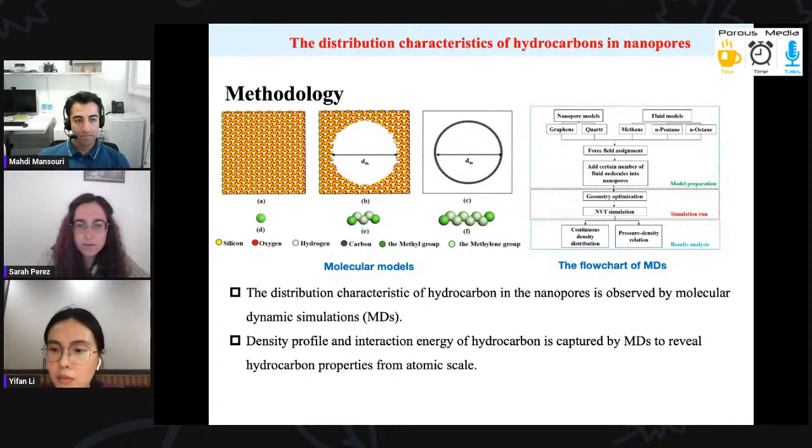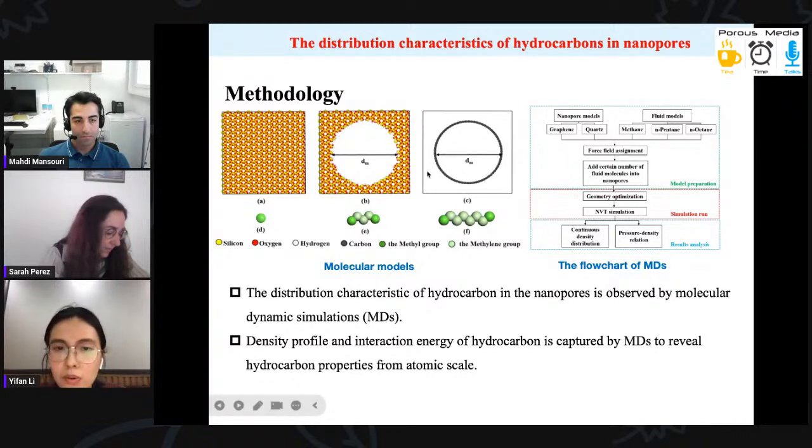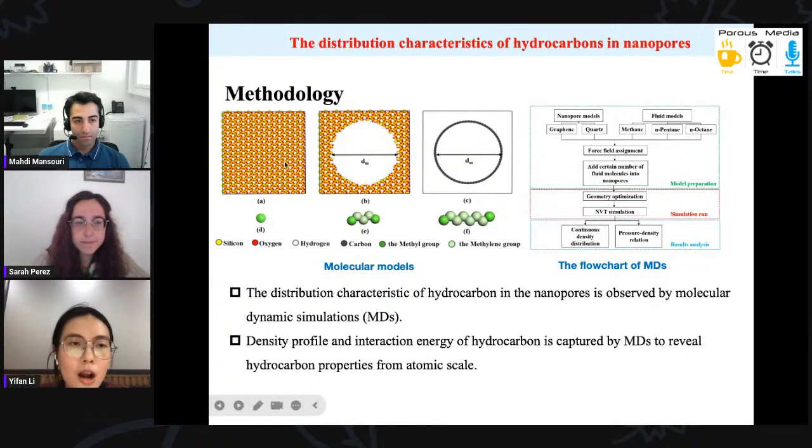Simulation can give more insight into the atomic scale processes happening within a few nanometers, the range of pores in the shale formation. That allows us to study a lot of things at the nanoscale pore. So this is for our simulation.